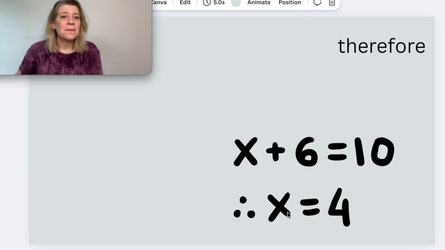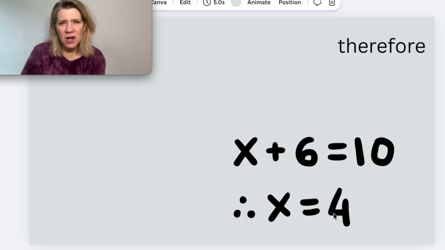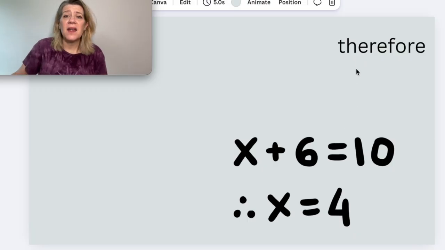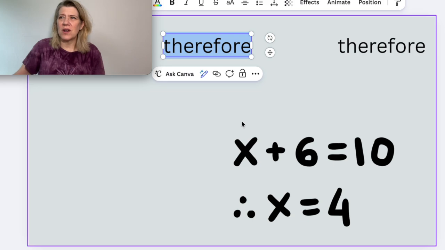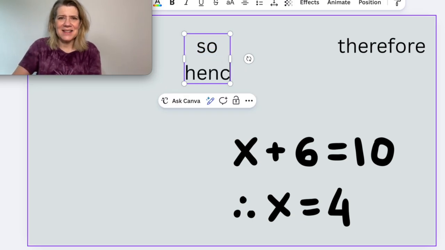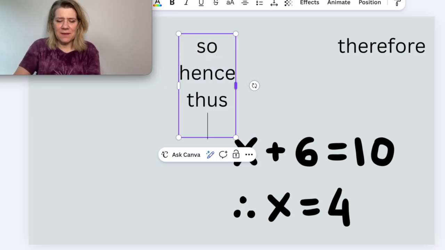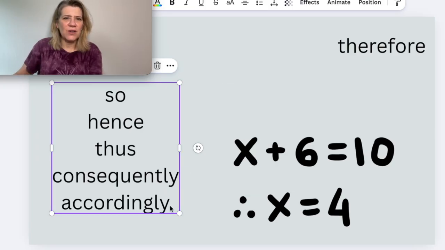Therefore, x must be equal to 4. So I use therefore to draw a conclusion. Other words that mean therefore are so, hence, thus, consequently, accordingly, ergo.